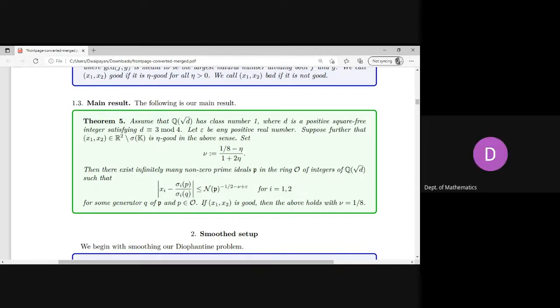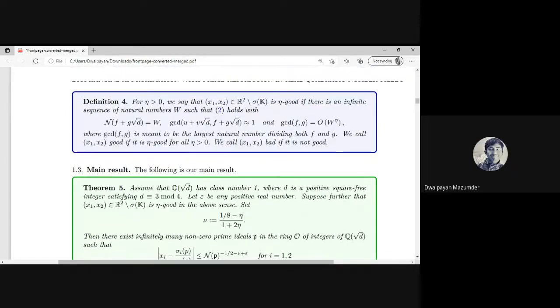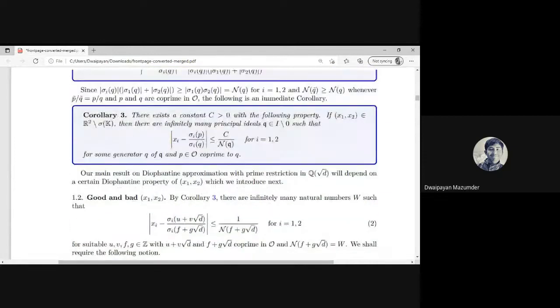So, Dwaipayan, can you once again explain the definition of η-good? Yeah, sure. So what happened is that by this corollary, we have this less than or equal to part. Now if you take p equal to, suppose, u plus v square root of d and q equal to f plus g square root of d, then you are getting infinitely many such numbers.